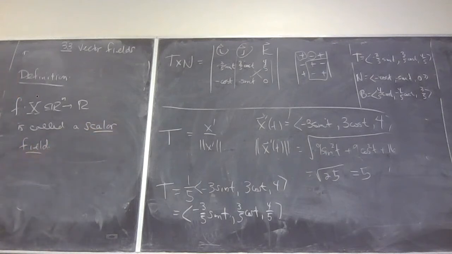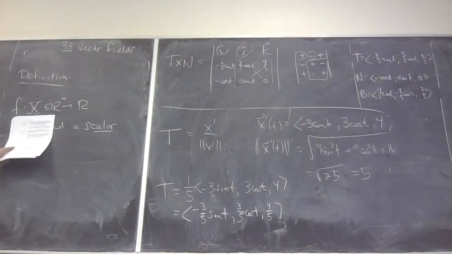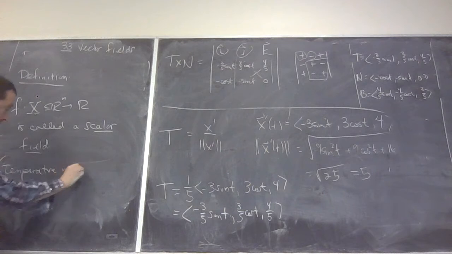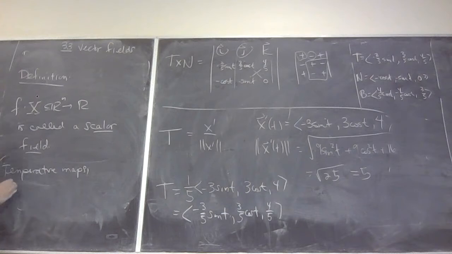The analogy I made here is like a temperature map, right? We talked about surfaces before, but I don't want you to think about surfaces floating in space anymore. I want you to think about, you take some set in your input space, and to each point in your set, you assign a number. So I really want you to think about these things as being like temperature maps. Or some people like to think about these things as equipotentials, doing a lot of electricity.